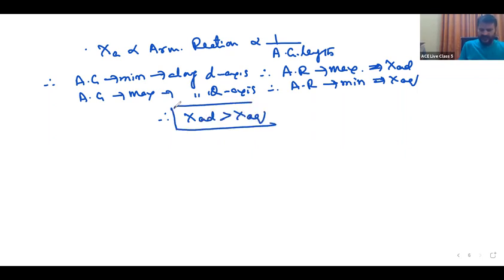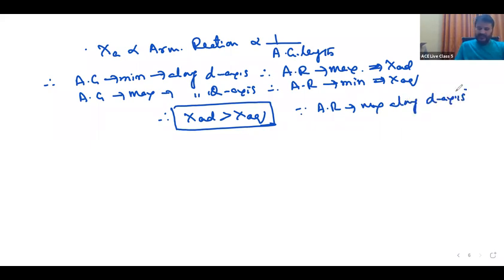XEAD will be greater than XEAQ, since armature reaction is maximum along the D axis. I hope with this statement you can understand.